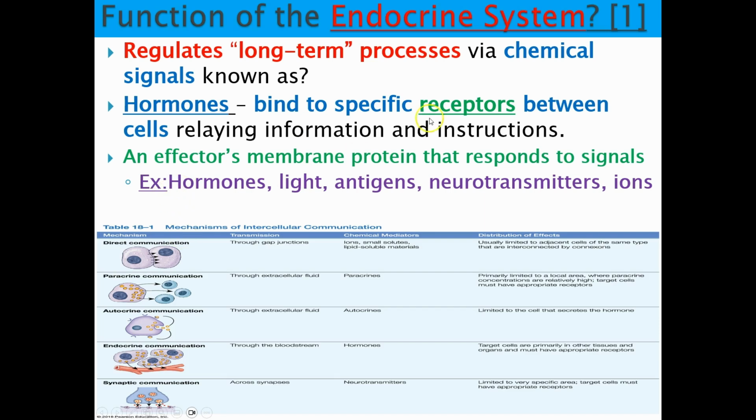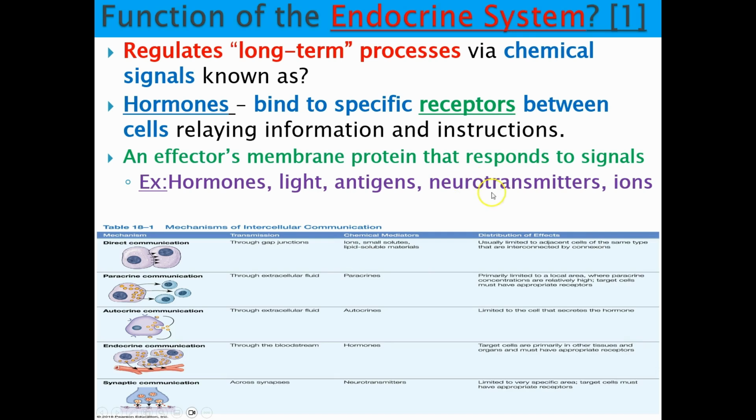All right, so examples of receptors to be aware of are hormones in general, light. We have photoreceptors. We have antigens. Antigens can trigger our receptors. I shouldn't say antigens. It's antibodies. Neurotransmitters can function as a chemical messenger. So we have receptors for neurotransmitters. We have receptors for ions.